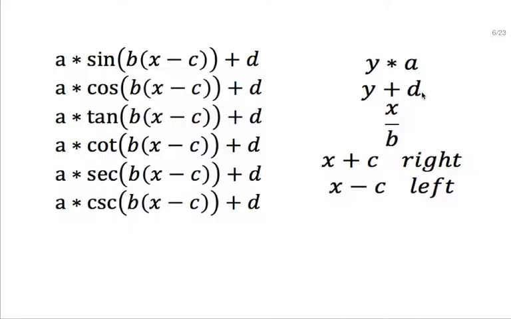Okay, if you have a d value, you're going to add that to your y value, and that will give you your new transformed y value. If you have a b value, you're going to divide your x value by b, and that'll give you your new transformed x value. And then if you have a c value and it's shifting to the right, you're going to add it to your x. If you're shifting to the left, you're going to subtract from your x.